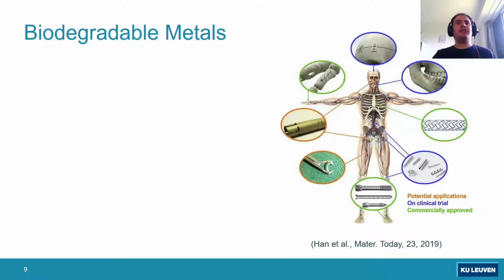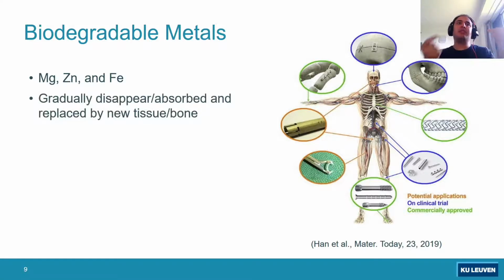So as a very general introduction to the research, to demonstrate its necessity, I can say that when we talk about biodegradable metals, we are usually referring to magnesium, zinc, and iron. And we mean that we put some materials inside the body and they gradually disappear and get absorbed by the body and replaced by new tissue or bone or whatever is growing there.